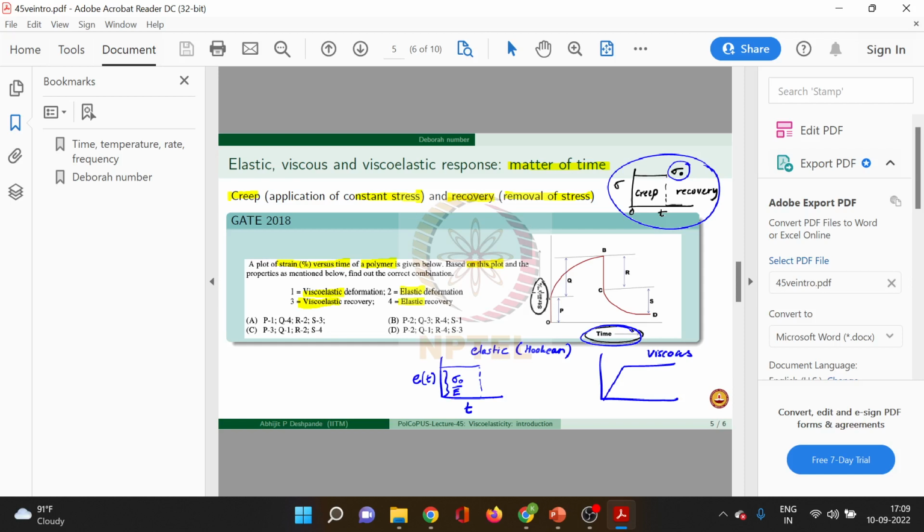When your stress goes to sigma naught, there is an instantaneous deformation, right? This is what happens in a Hookean solid.